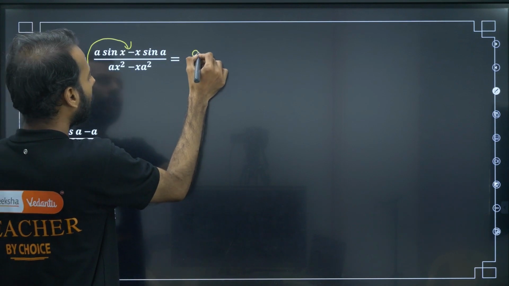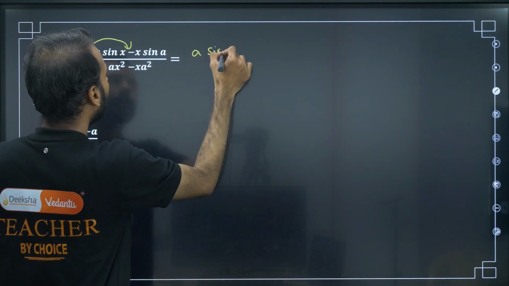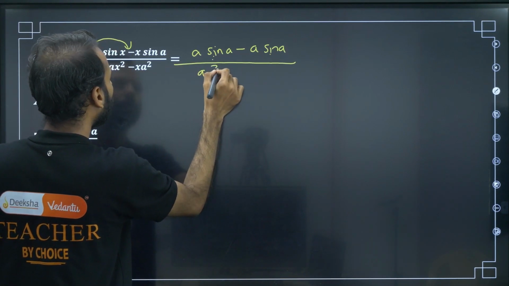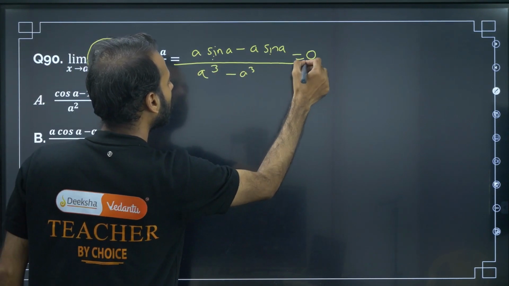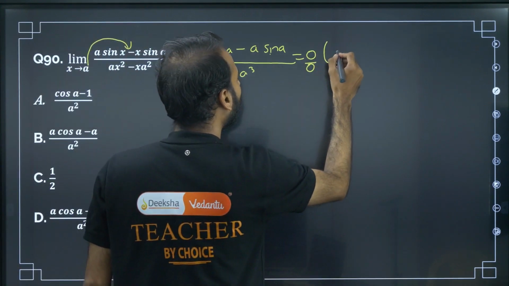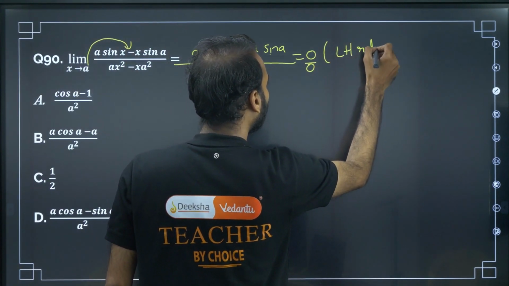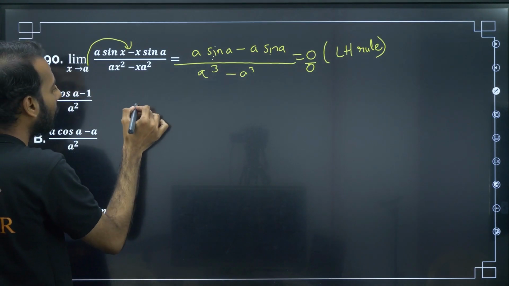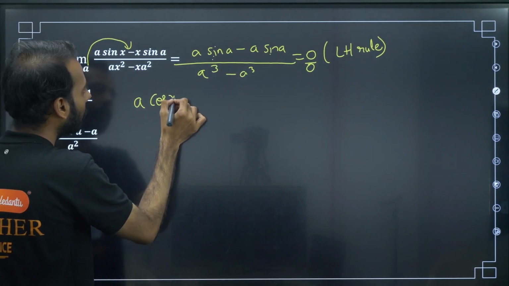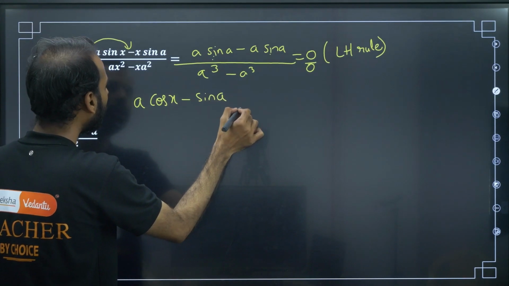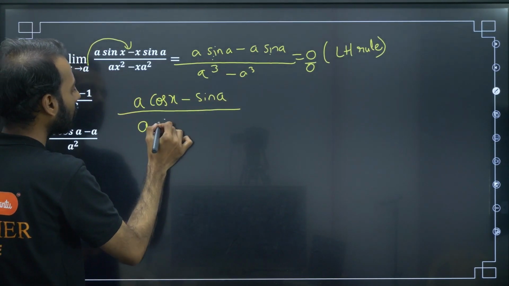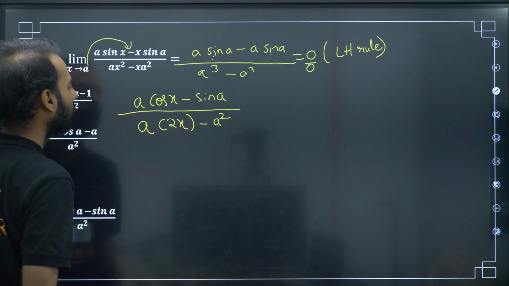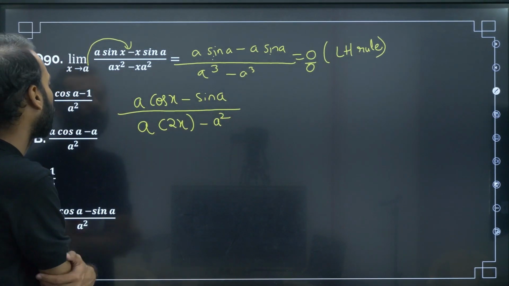Now let me write a here, x sine a minus a sine x by x cube minus a cube. So this is equal to 0 by 0. Whenever it is 0 by 0, go for L'Hospital's rule. What does L'Hospital's rule say? Differentiate numerator and denominator. Differentiate a cos x minus sine a, x is 1, a in place of x square write 2x, minus a square as it is, in place of x cube write 3x square.